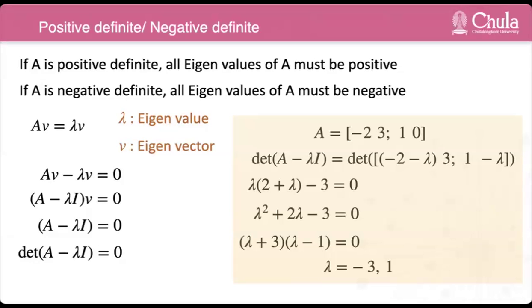This is an example in this box on the right hand side. A is minus 2, 3, 1, 0.